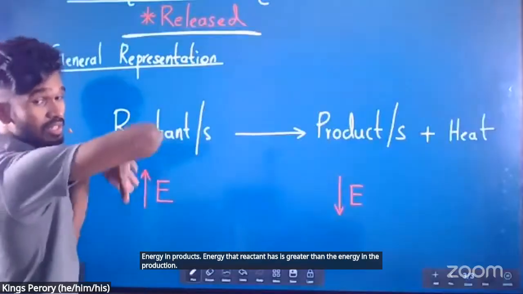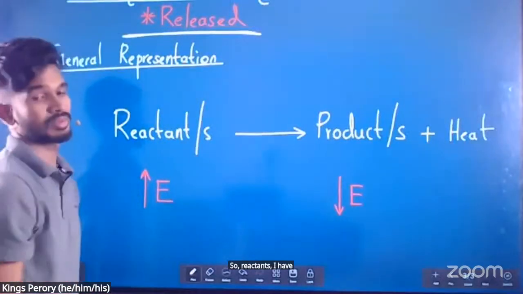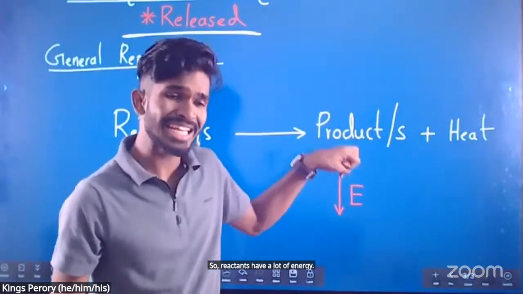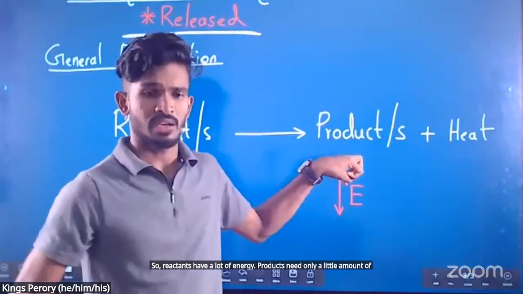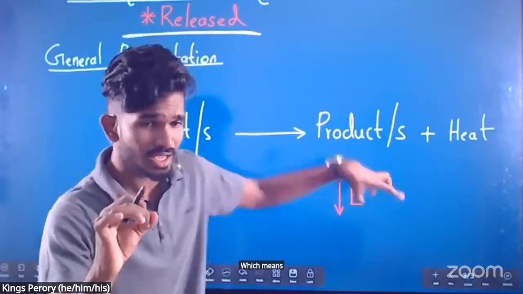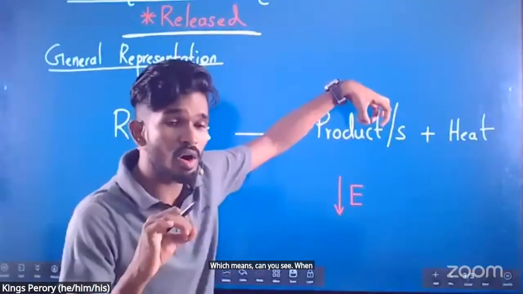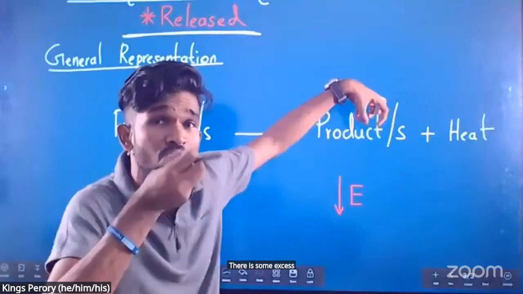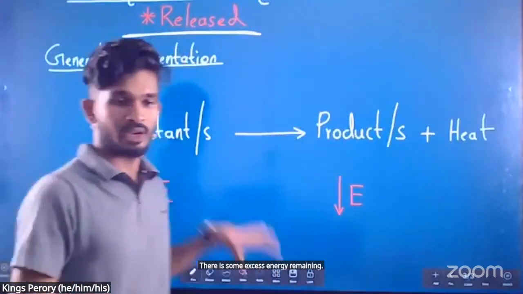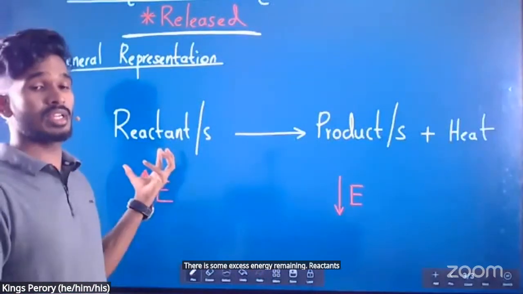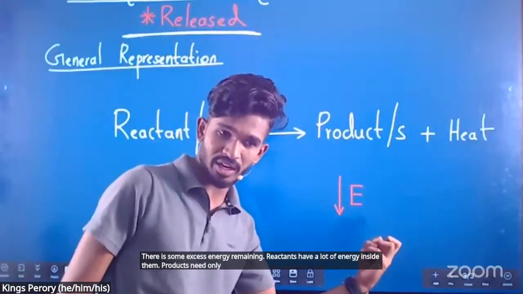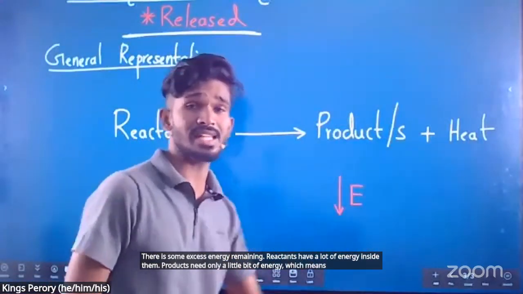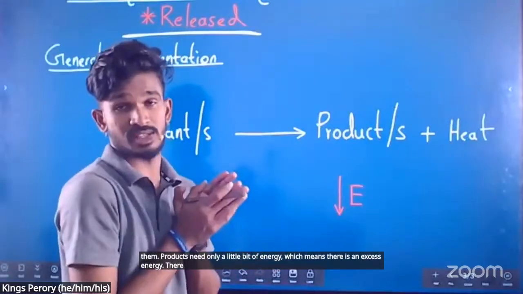So reactants have a lot of energy, and products need only a little amount of energy, which means when reactants convert into products, there is some excess energy remaining.